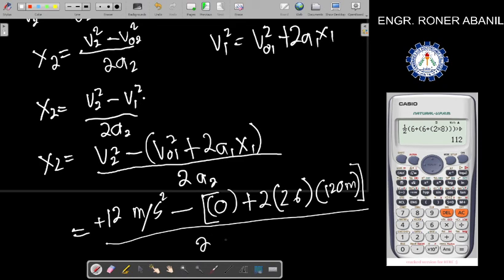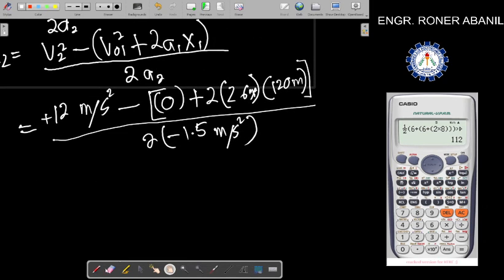So, negative 1.5 meters per second square. Meter per second square din yan. Yan. So, gamitan na natin ng calculator.